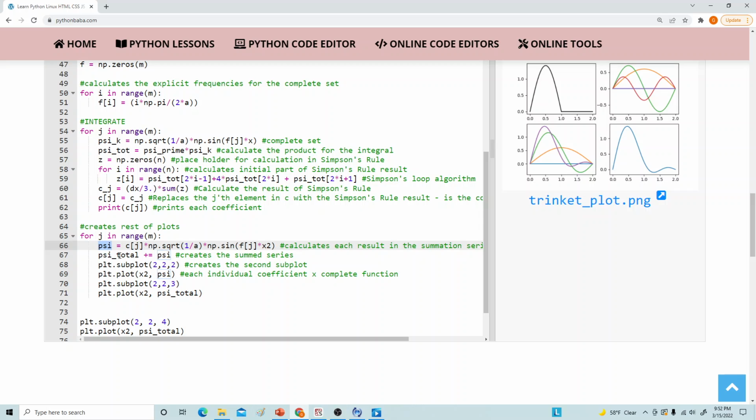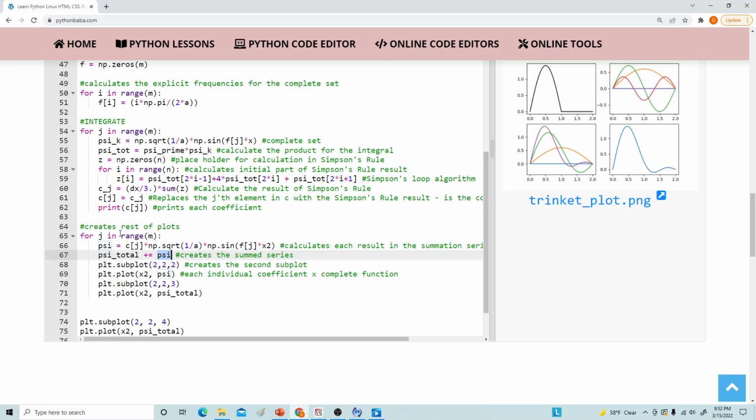And this psi total says, okay, I want to add each psi value to psi itself. So it would then add 0. But then when j equals 1 and it runs through the loop again, this is no longer 0. This gives us a number, or an array, actually. This is actually an array of numbers. And so then that says, wait a minute, add that array of numbers to your previous value.